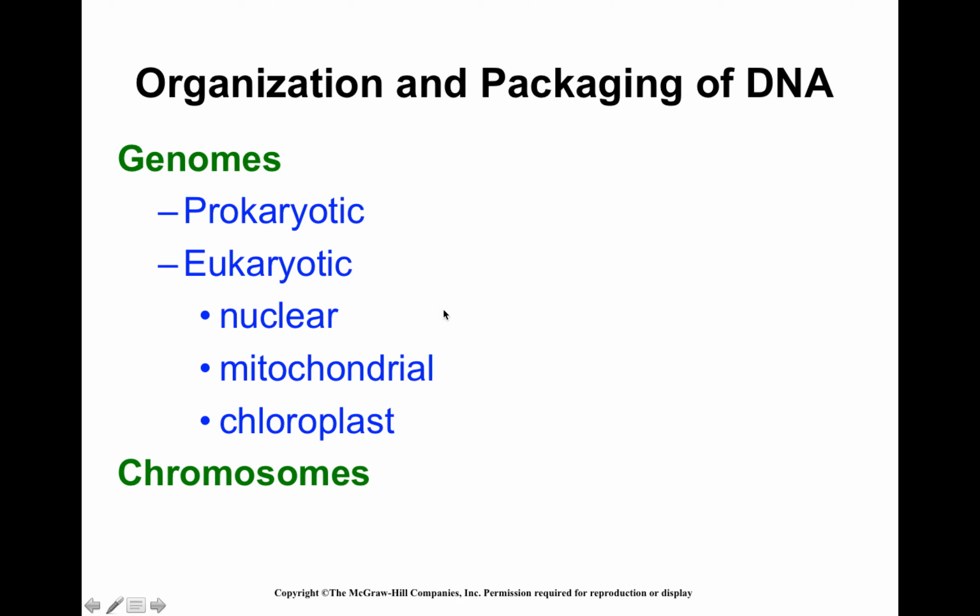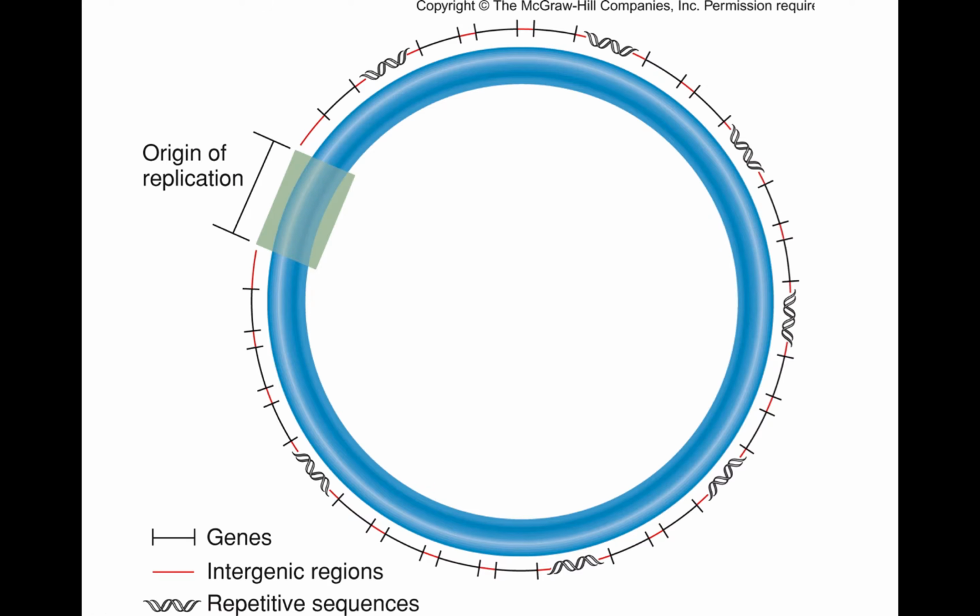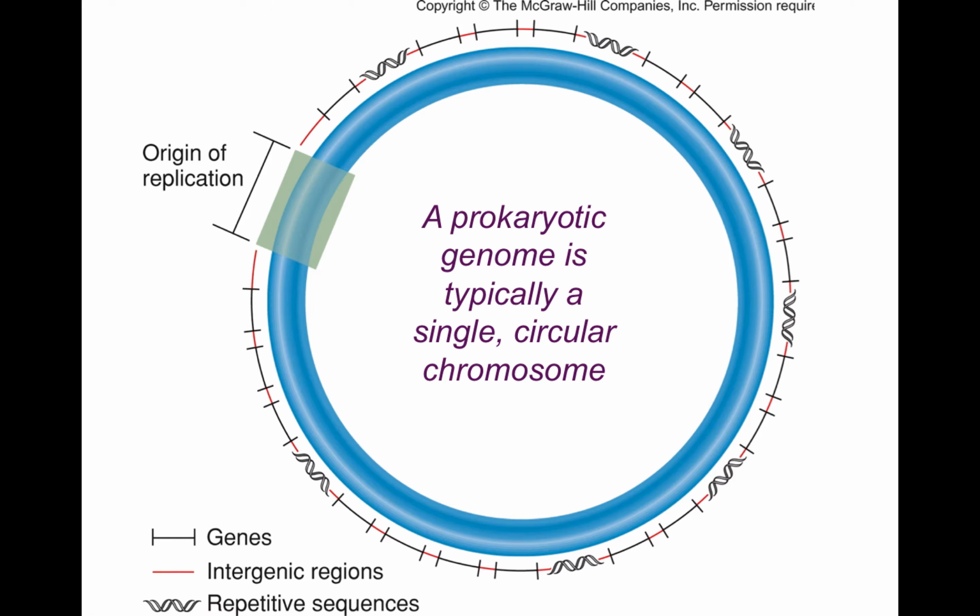They have a single chromosome. Here's a typical prokaryotic genome that is a single, circular chromosome. Okay? Eukaryotes do not have circular chromosomes, we have linear chromosomes.